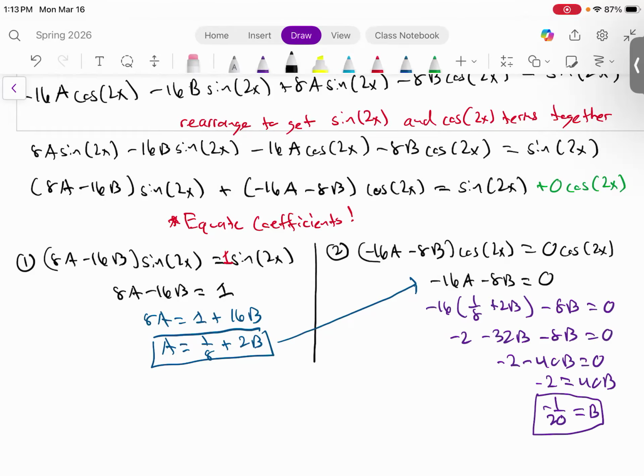Okay, so I have b. We can take b and now plug it back into our a equation to figure out what a is going to be.